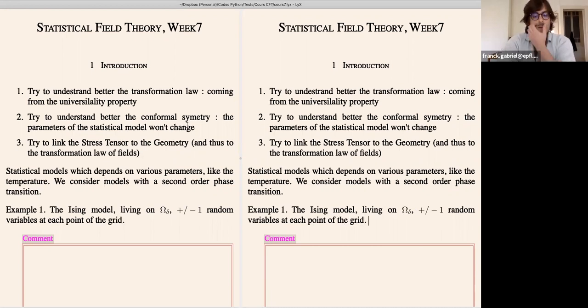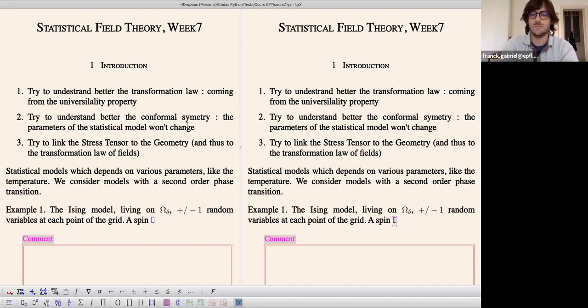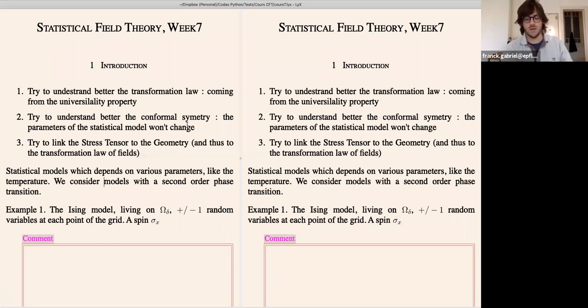This is called a spin at the point, and we write it like that, at the point x. So the spin belongs to plus or minus 1.